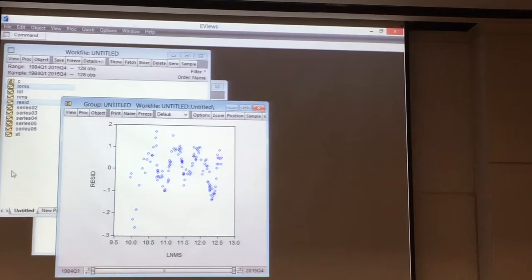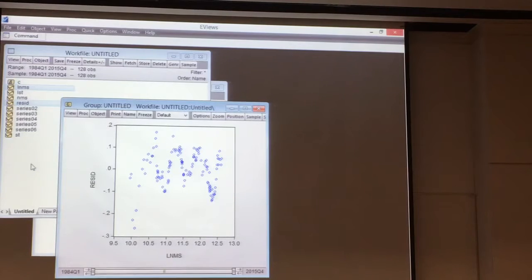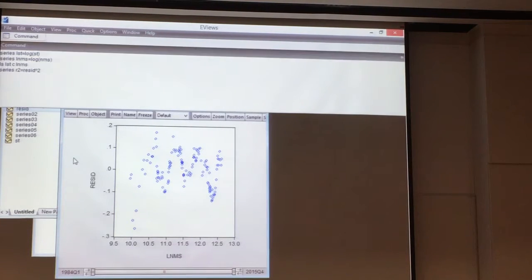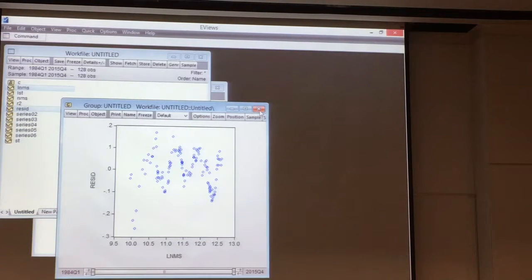For which we have to find the residual square. So to find the residual square, I'll create a series, which is, I'll use R2 for residual square, which is equal to residual square. So I've created the series.